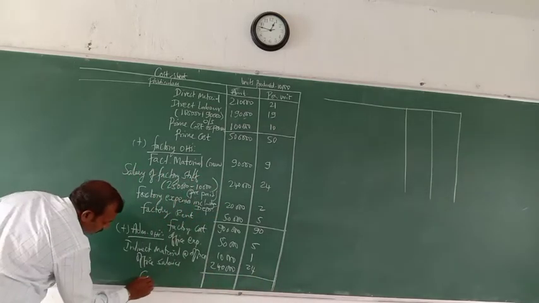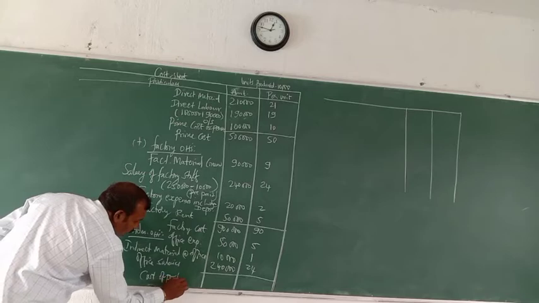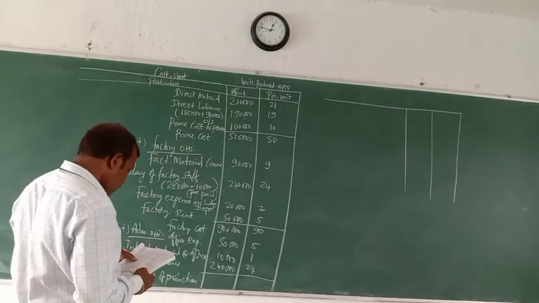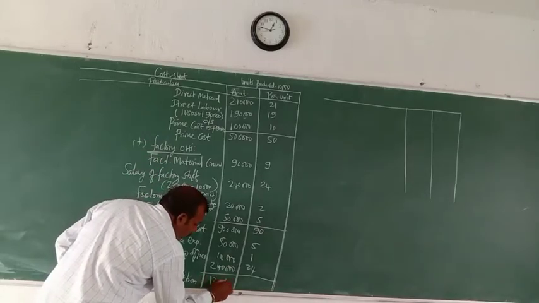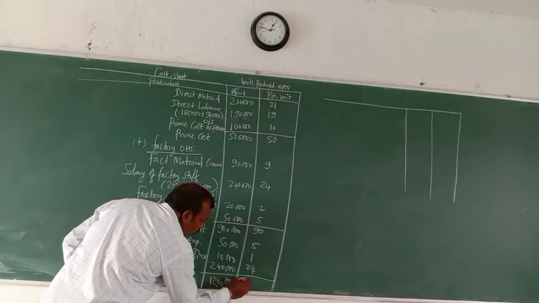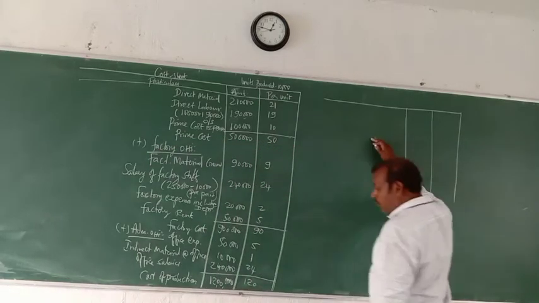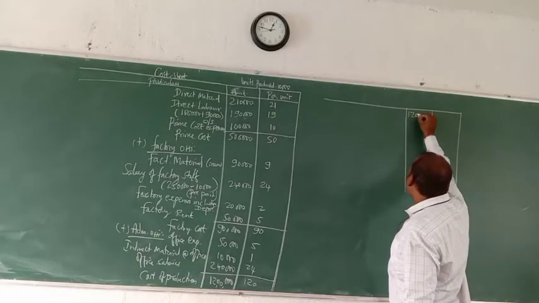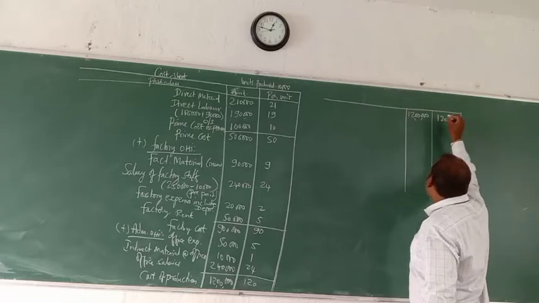Take this total. For that we have to write cost of production, 12 lakhs, 120. Okay. Here I will continue this problem. There is no place. Cost of production we got 12 lakhs, 120.